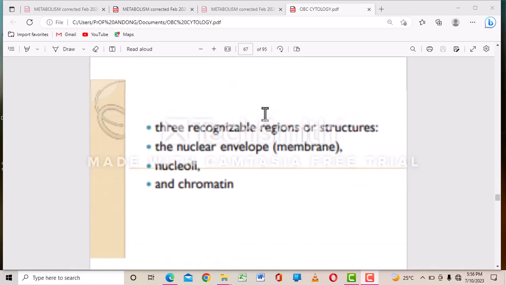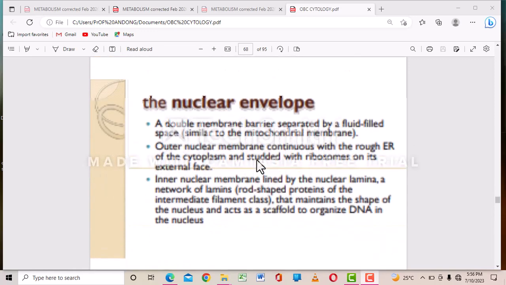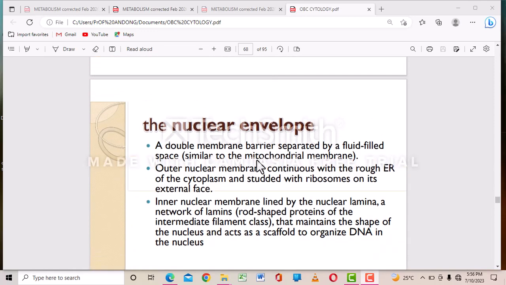Now, the nucleus is divided basically into three compartments, that is the nuclear envelope, the nucleoli, and the chromatin. The nuclear envelope, that is the nuclear membrane, is a double membrane. That is, the nucleus is a double membrane bound organelle.